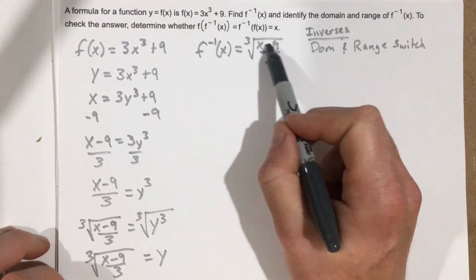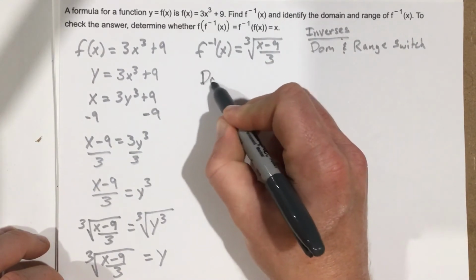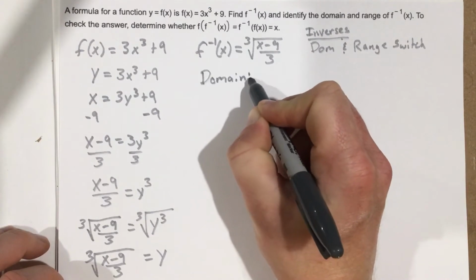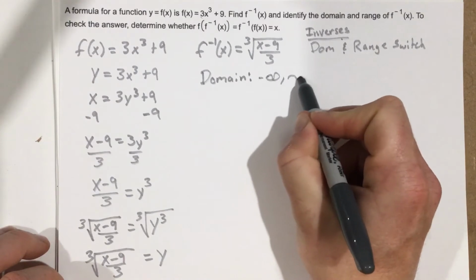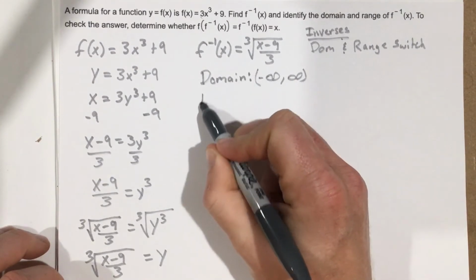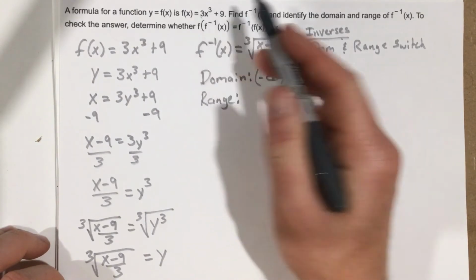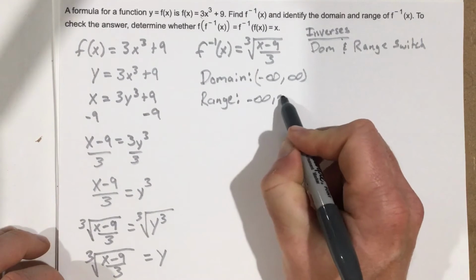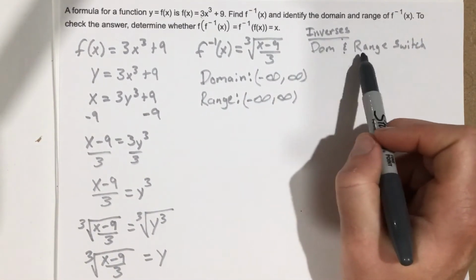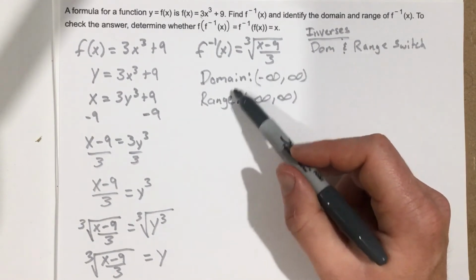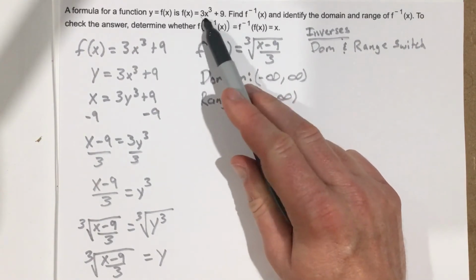So the domain for this inverse is going to be the range of that function, which was negative infinity to infinity. And its range is going to be the domain of that function, which is also negative infinity to infinity. So because the domain and range switch, the domain and range for the inverse function is the domain and range switched from the original function.